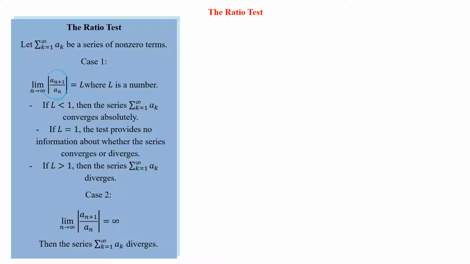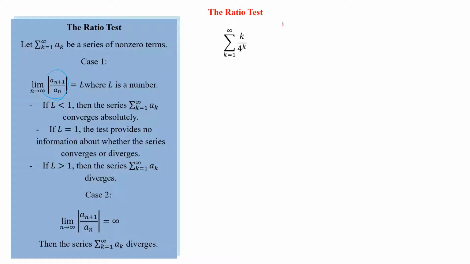So how do we use this? If we have a series, we're going to take the n plus 1 term divided by the n term. So in this one, I'm going to find the ratio first.